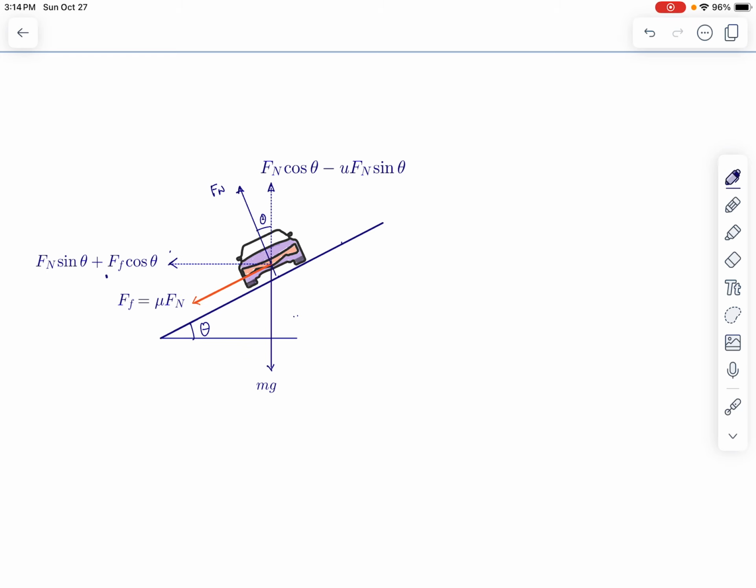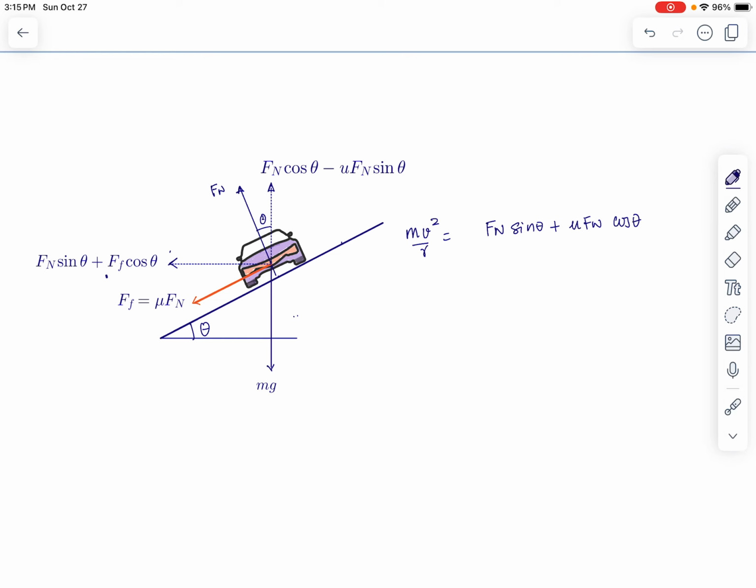So in this case, the horizontal force is the centripetal force that keeps the car on the track. That's mv square by r, which equals Fn times sine theta plus frictional force, that's mu Fn times cosine of theta.